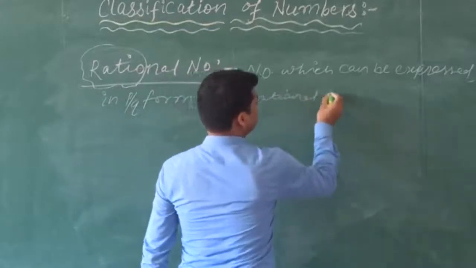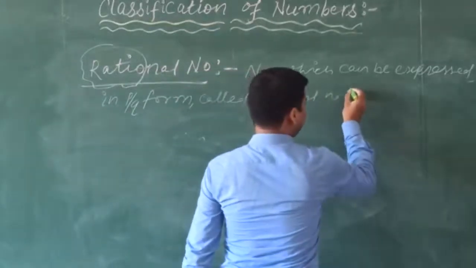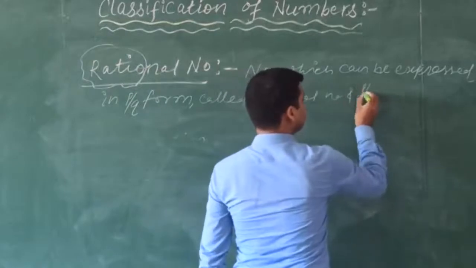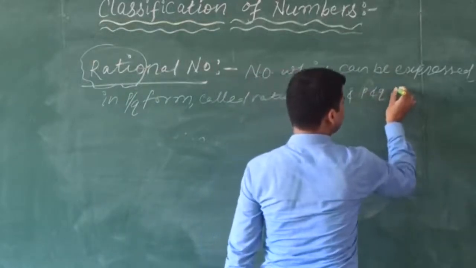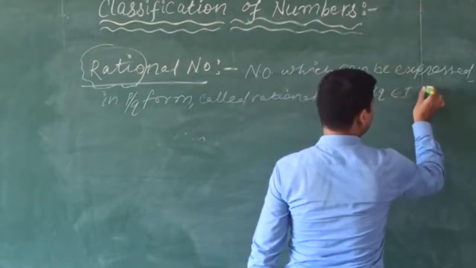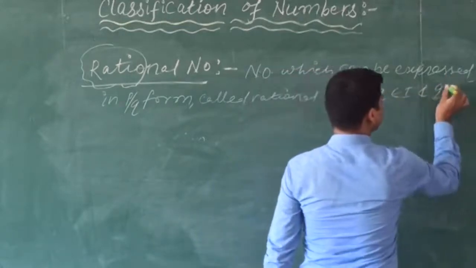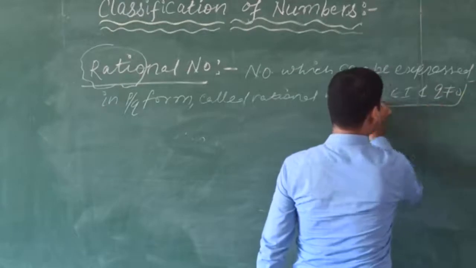But some conditions are there: in P by Q, P and Q should belong to integers, and Q is not equal to 0. This is very, very important.